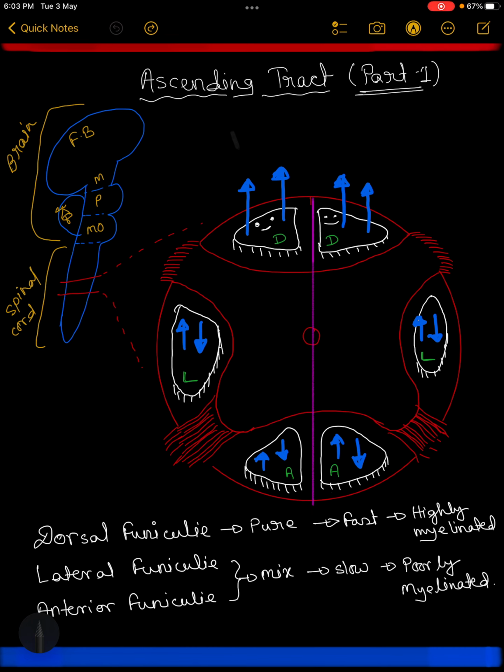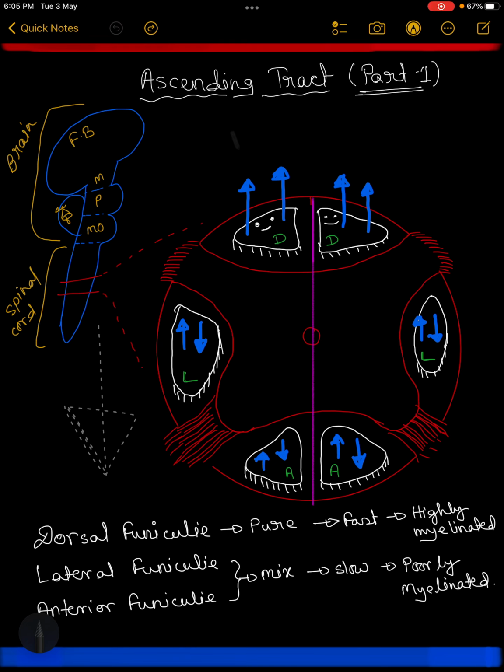So what do we mean by up and down? Up is the ascending tract, which means these are collecting the sensation from our body and transmitting those sensations to the brain.